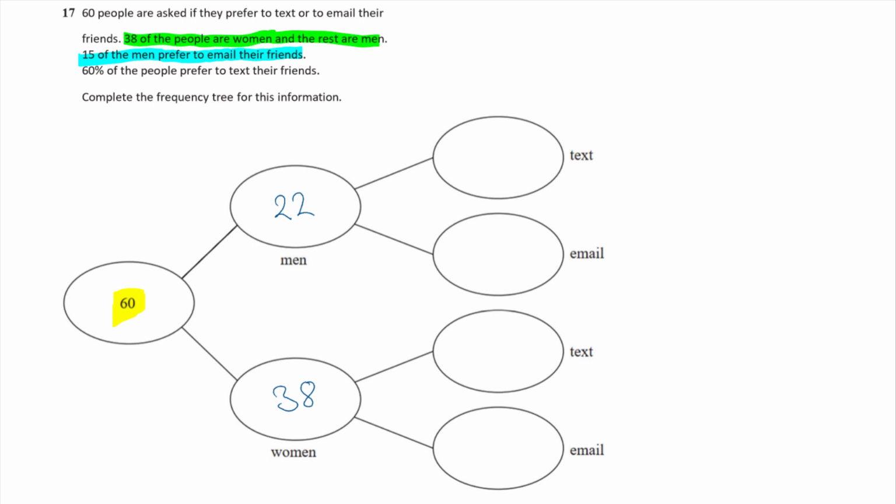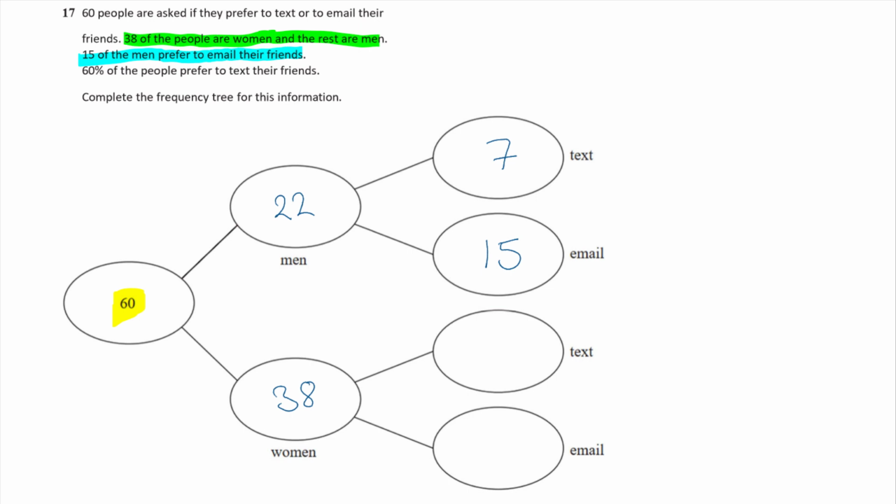So from those 22 men, then 15 prefer to email. So that means I can write 15 in here then. So how many must prefer to text? It's got to be the rest of them. So 22 take away 15, that leaves me with 7. So it's got to be 7 up there. Okay, so we've completed the men branch.